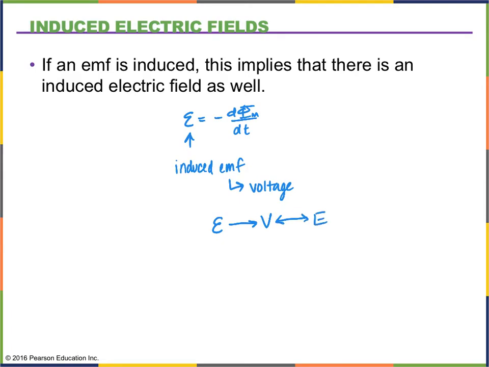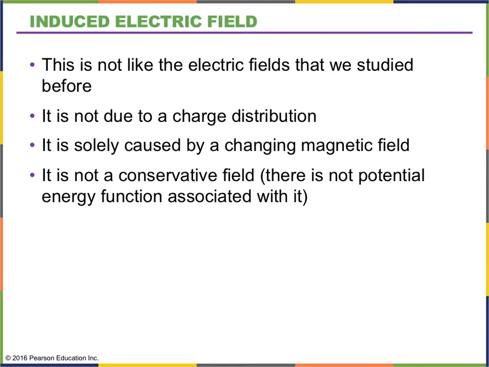I hope that's not confusing because we have two E's here, but the script is different for the two. There's a relationship between voltage and electric fields, and so it seems reasonable to think that there must be some sort of electric field, and there is, but it's important that we understand that it's a different type of electric field.